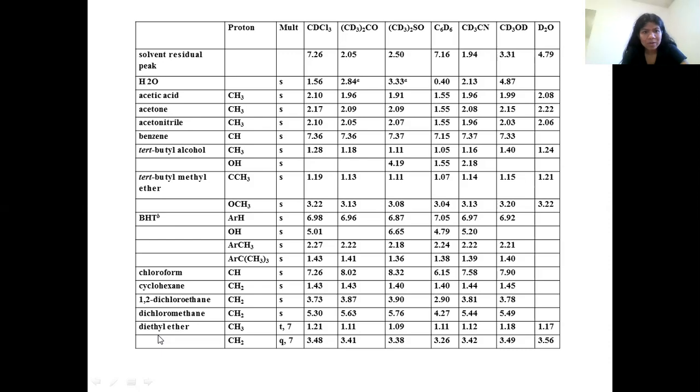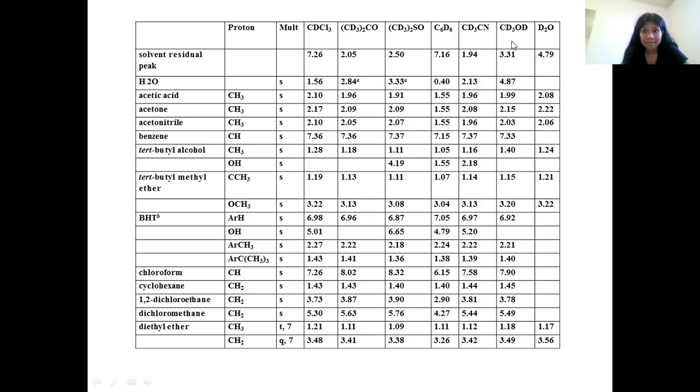So if you are looking specifically, suppose, at CD3OD, that is methanol D, you look at this column, and suppose you have got any of these values in your peaks which you cannot assign to your compound peaks, then they must be a solvent peak or an impurity peak.